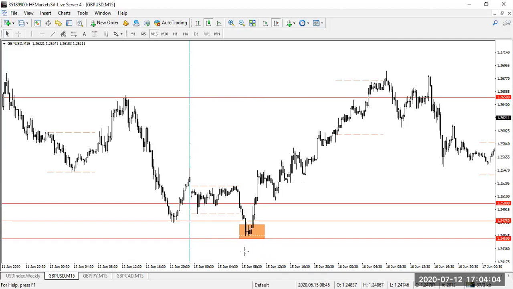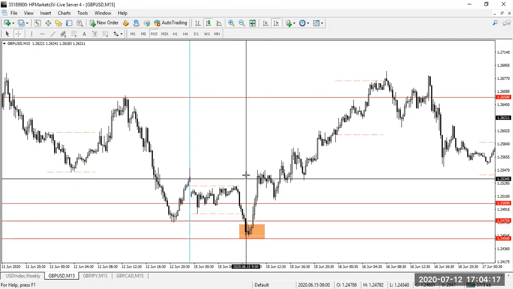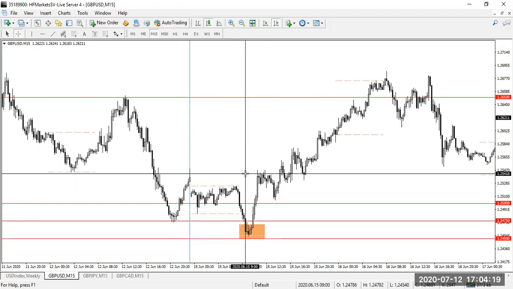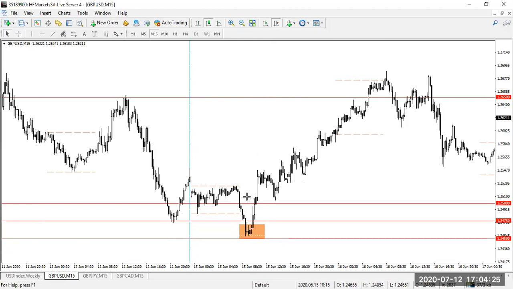Yes, some days you'll miss a very good trading opportunity, but the trades which you take, you get them at a very good price. In this case, for example, I would go long after this candle closes, which would be 9.15. I would go long here. My stop loss would be, let me draw a box.